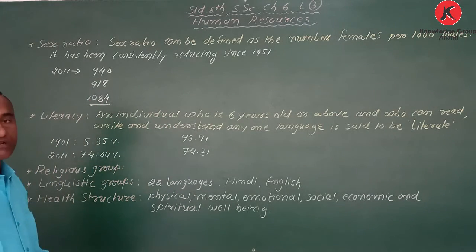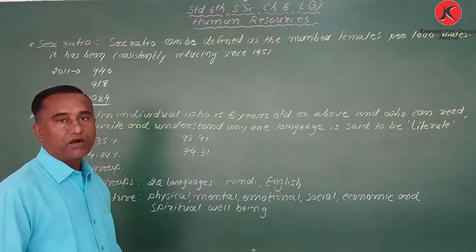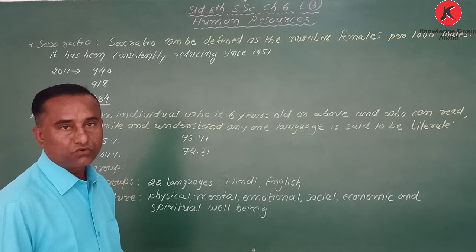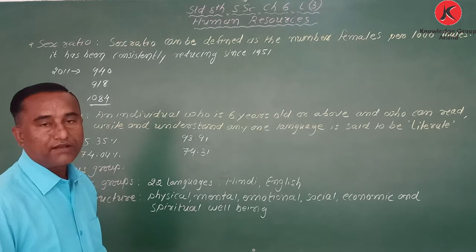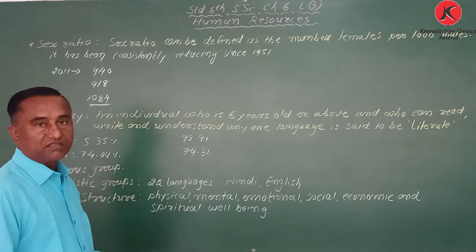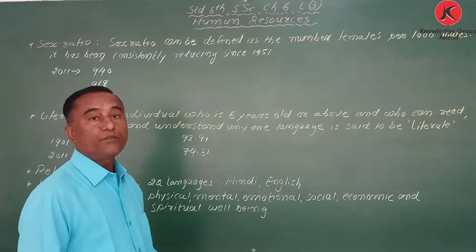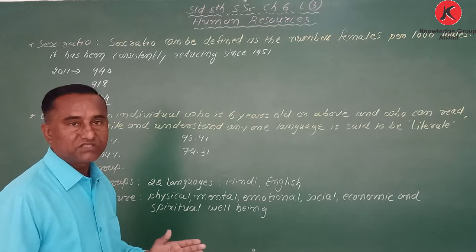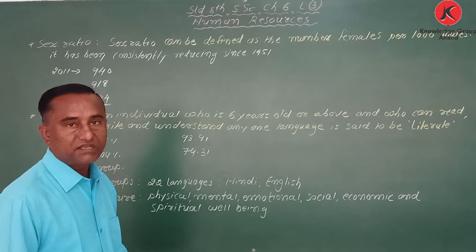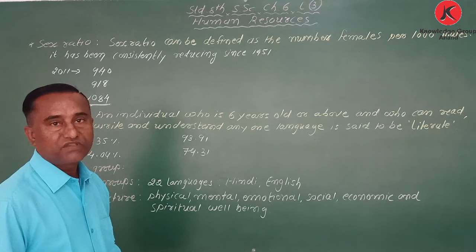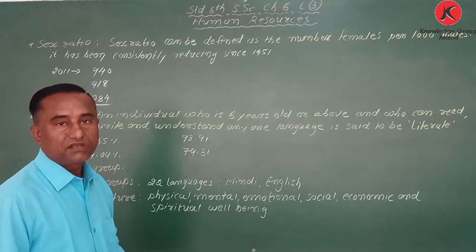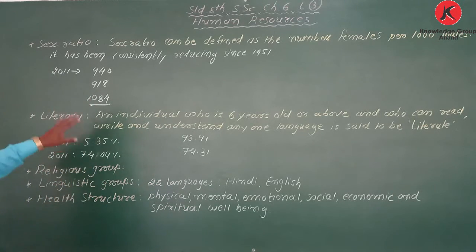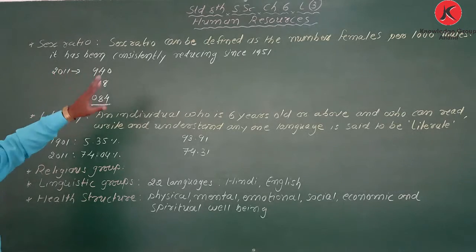I also explained about birth rate, death rate, and migration. I also explained which are the highly populated states, in which state we have more population, and in which union territories we have the least population. Today I am going to explain about sex ratio.